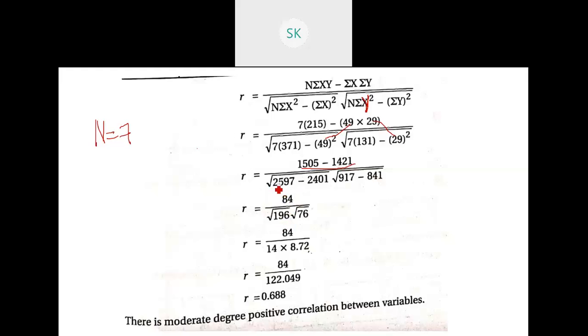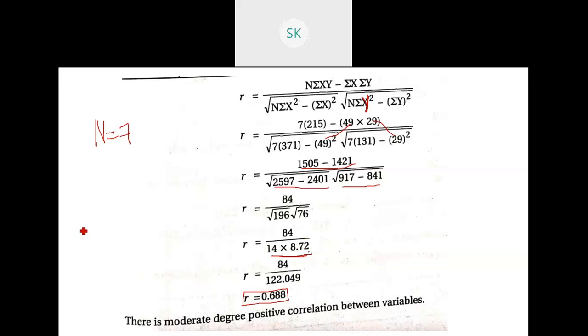How did I get 196? 2597 minus 2401. Then the square root of 917 minus 841, which is 76. Next step, 84 as it is, I find the square root of both numbers, and the last step, I multiply these two numbers after finding the square root. My r value, the correlation coefficient, is 0.688.